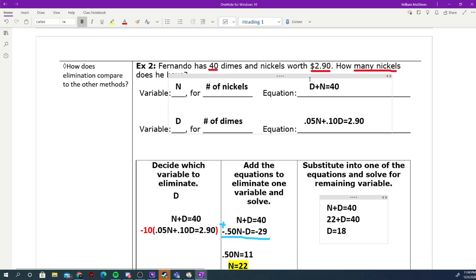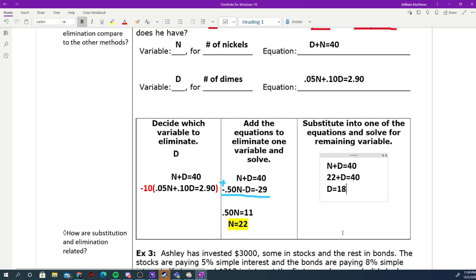But in this case, because it's asking specifically for the nickels, it does not ask for how many dimes we have. This is just to confirm that we have a solution, and we could plug it in the other one as well to make sure it works for both.